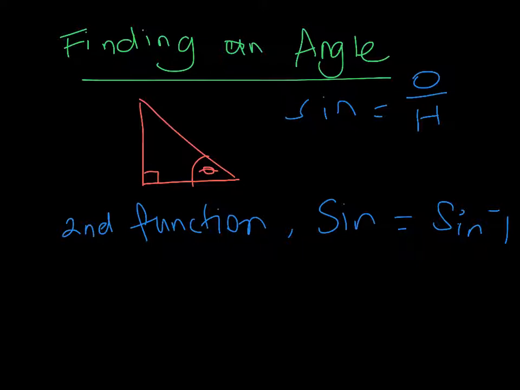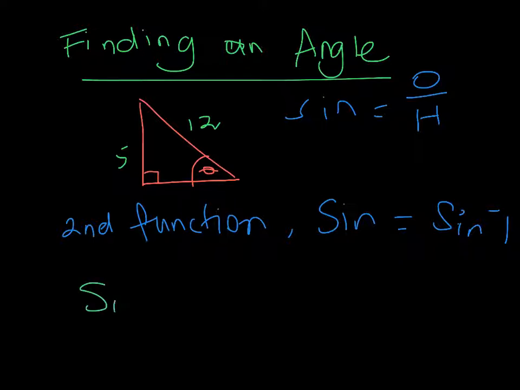Okay, so let's put some values on this particular triangle. Let's say our hypotenuse is 12, and our opposite is 5. So this is what we're going to do.